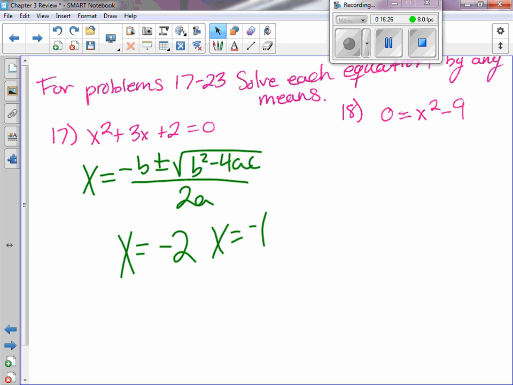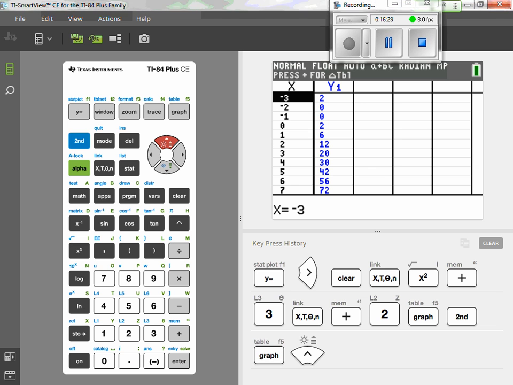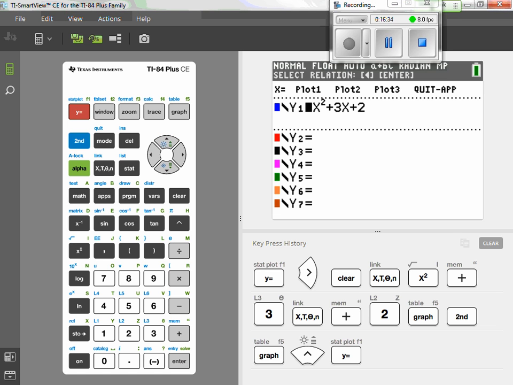So, pull the graphing calculator back up. To type a function in, we hit y equals and type it in to the first one. So we do x squared plus 3x plus 2. You get x with the x-T-theta-n button. We'll also do x.